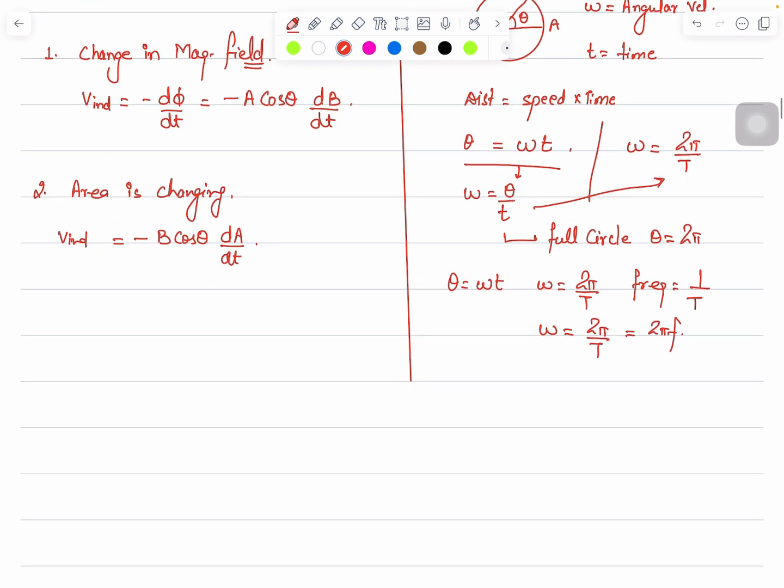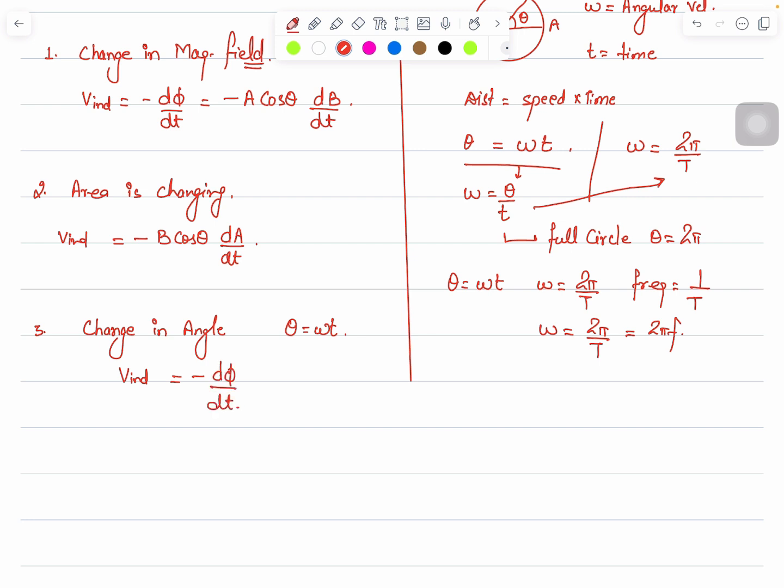Okay, now the third one, I told you in terms of angle. Change in angle. Okay, the first thing, theta should be omega t. Why am I doing all these things? Because V induced, what is the value? Negative d phi divided by dt.